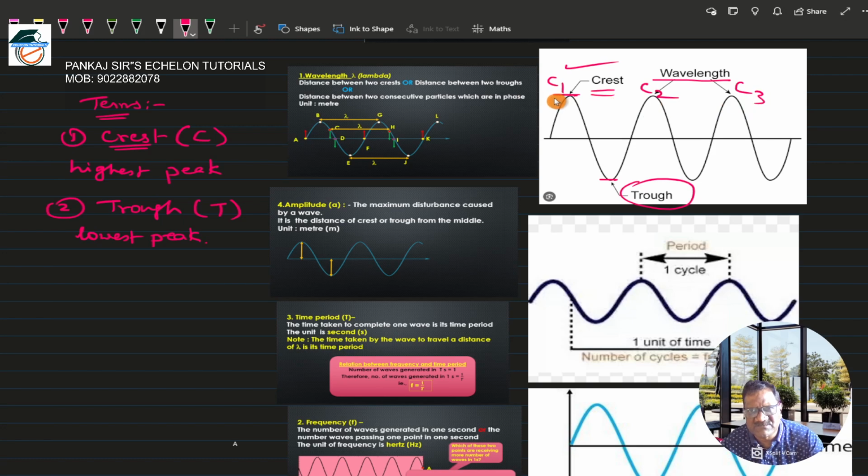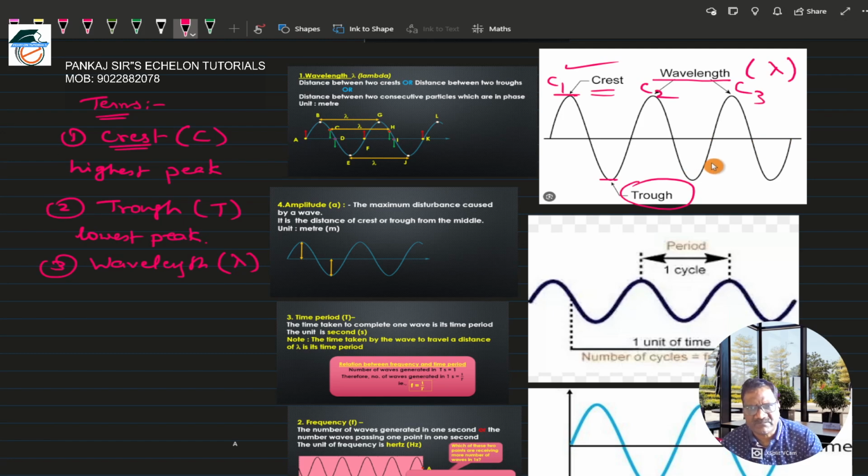So the distance between any two consecutive crests, for example between C1 and C2 or between C2 and C3, is called a wavelength. Wavelength is nothing but a certain length. So wavelength is the third term that you should understand. Wavelength is denoted by the Greek alphabet lambda.